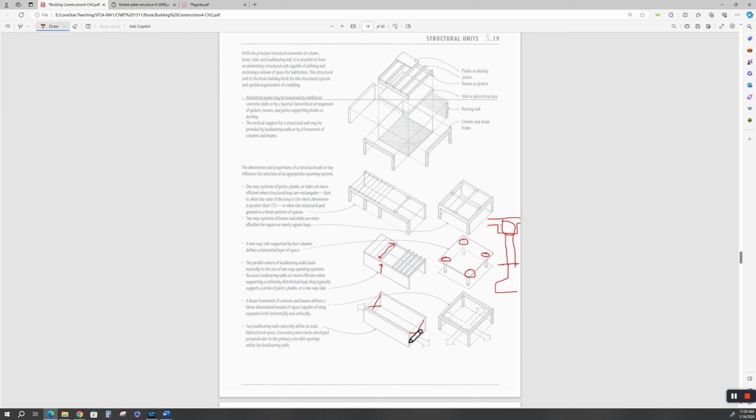Then your main load-bearing walls would be axial down the long length of the building. The benefit of this is it allows these two walls to be load-bearing, and it allows a shorter span for your roof structure and your joist. And of course, if this was an industrial building, you might have an overhead crane in here, and the crane would travel and be supported along the load-bearing wall.